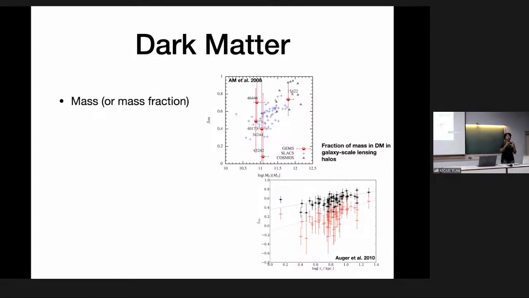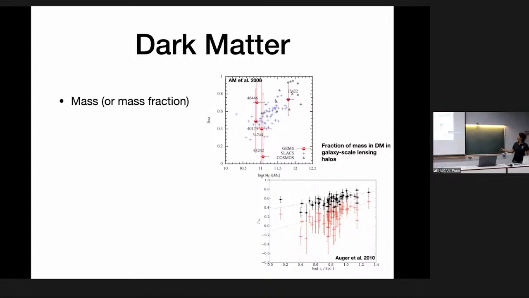This is the simplest scenario you can imagine. With lensing, you can measure the total matter, and from other studies, we can measure the mass in the stellar component, which gives us the stellar mass. So we have measured the total mass from lensing, and then subtracted out the mass included in the stellar component, which gives us the dark matter mass.